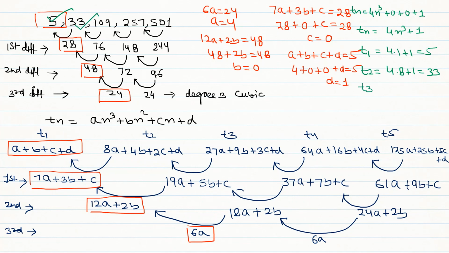If I take the third term also, T3, it is 4 into 3 cube, which is 27, plus 1. This must be 27 into 4, which is 108, plus 1. So this is 109, and definitely the third term is also the same, which is 109.